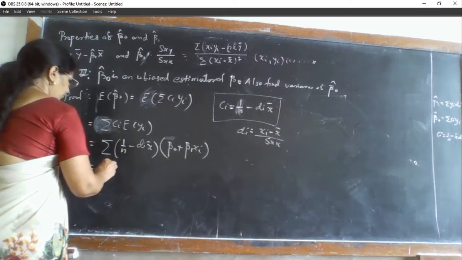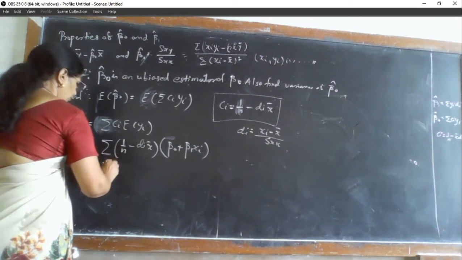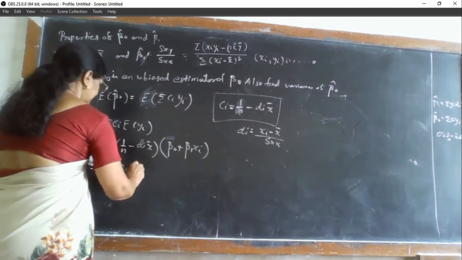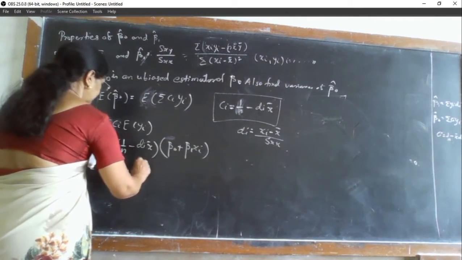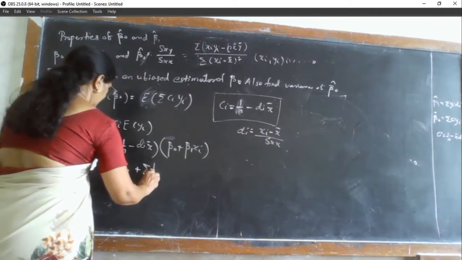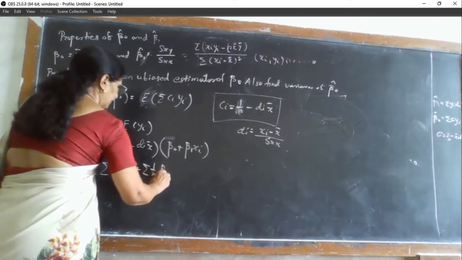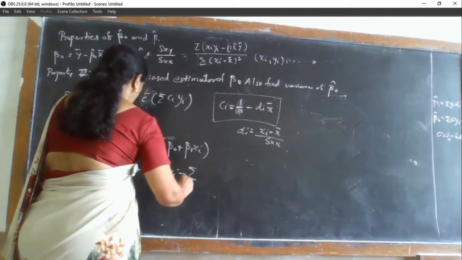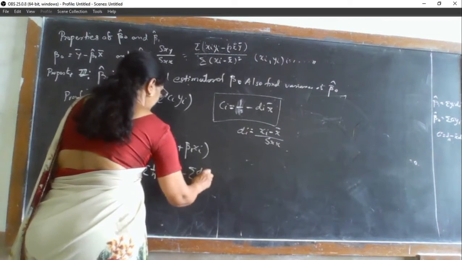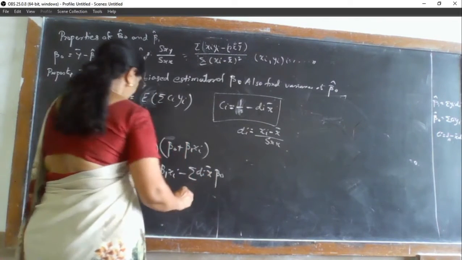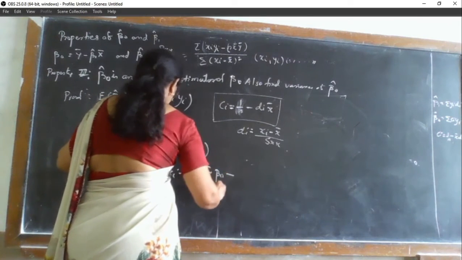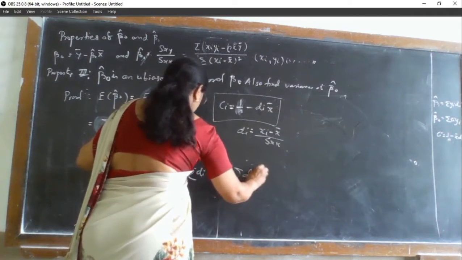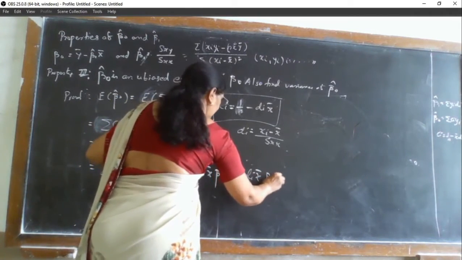So this is equal to summation of 1 upon n beta naught plus, here it is summation of 1 upon n into beta 1 xi minus summation of di x bar beta naught minus summation of di x bar beta 1 xi.